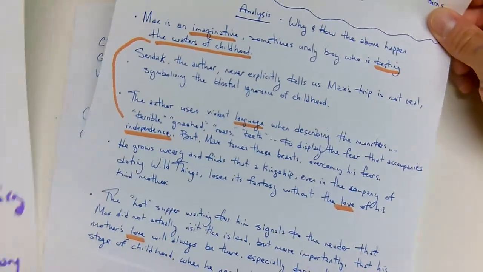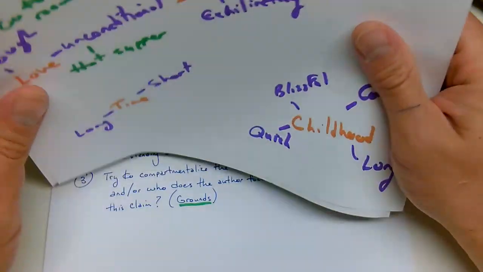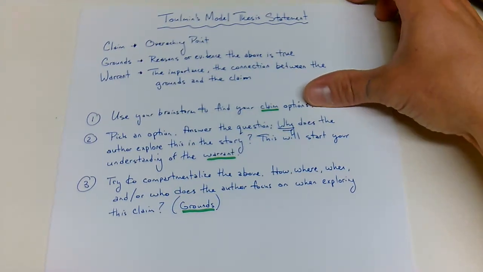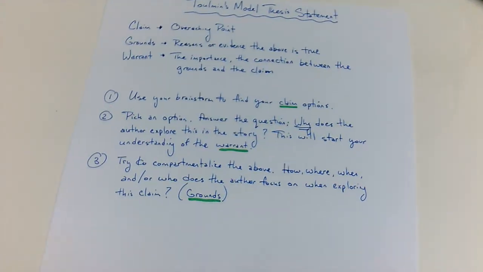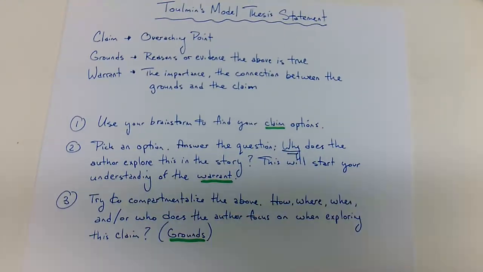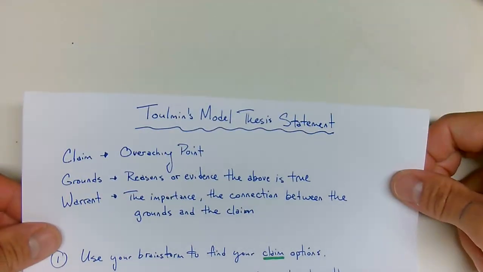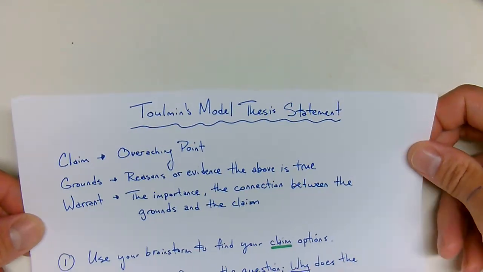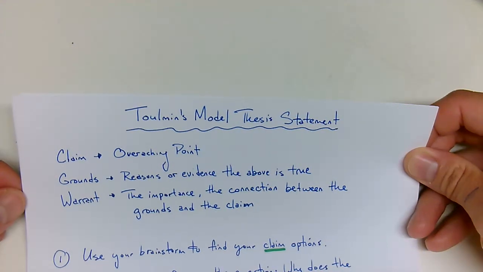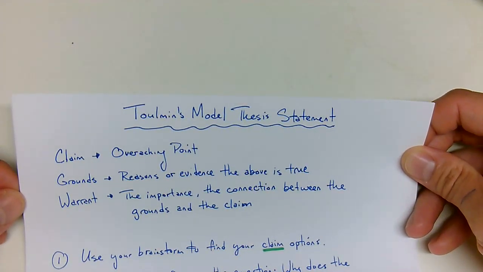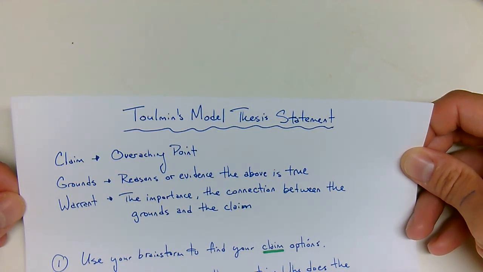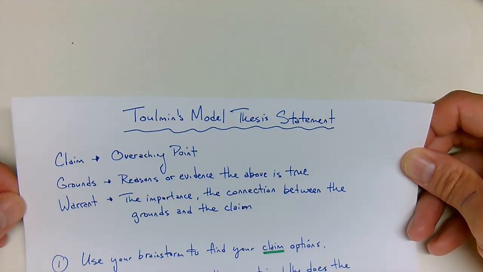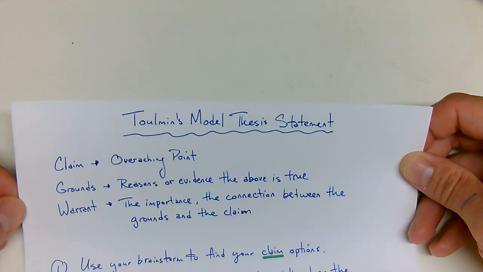But earlier in the year, we went over a Toulmin's model thesis statement. So let me just go over that with you. In a Toulmin's model thesis statement, you have your claim, which is your overarching point, your grounds, which are your reasons or evidence the above claim is true, and your warrant, which is the importance, the connection between the grounds and the claim.